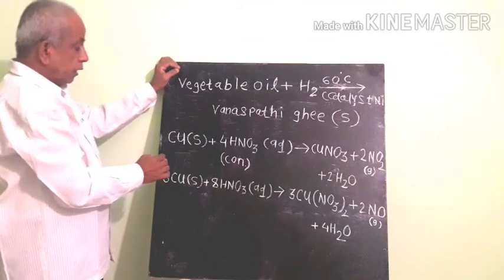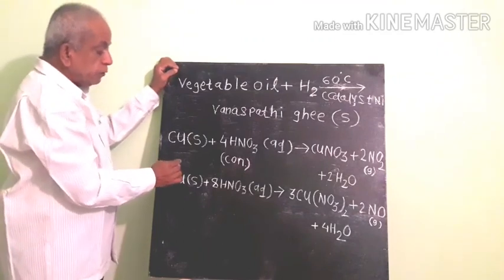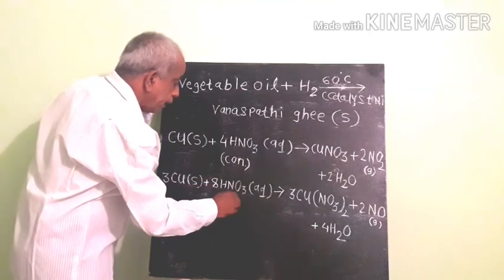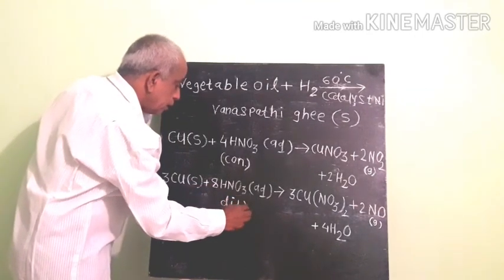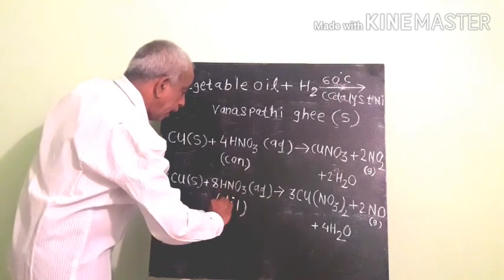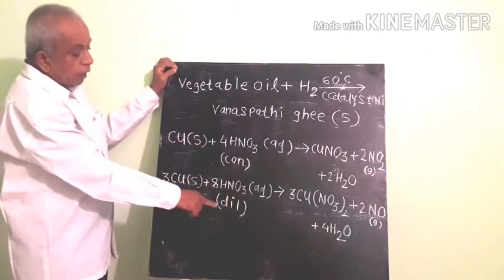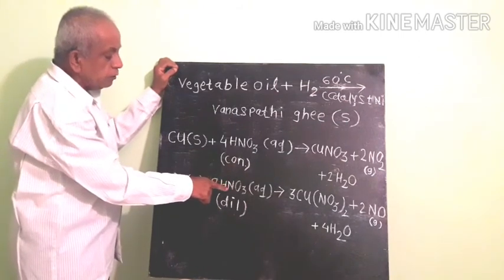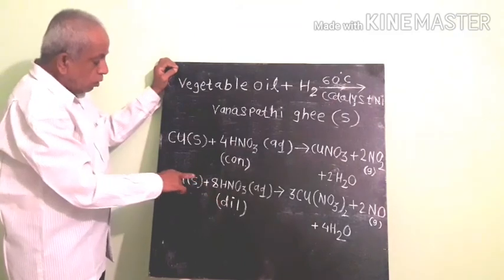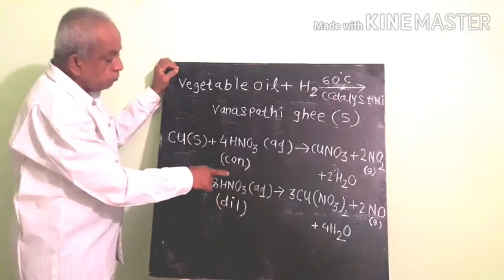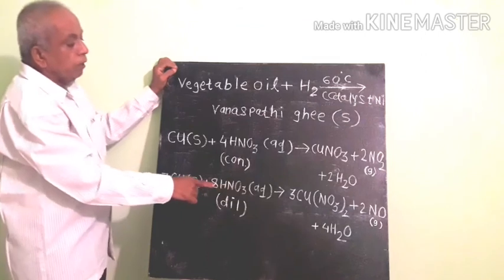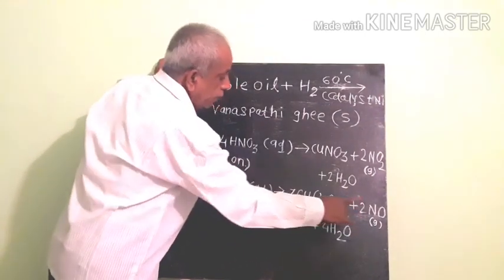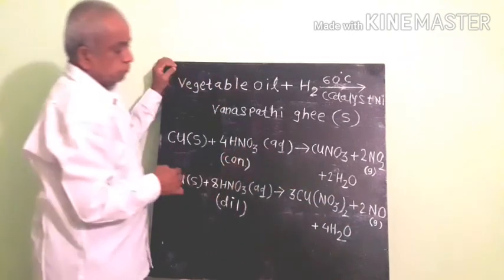When copper is treated with dilute nitric acid, here write dil. Dil indicates that the nitric acid is in dilute form. So when copper reacts with dilute nitric acid, it gives copper nitrate, nitric oxide and water molecules.